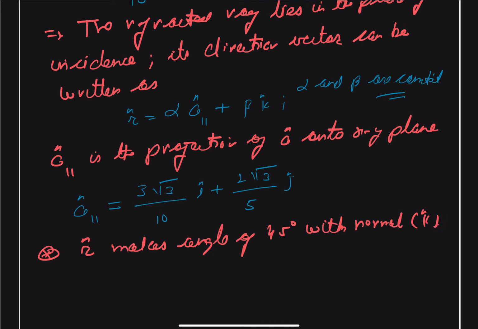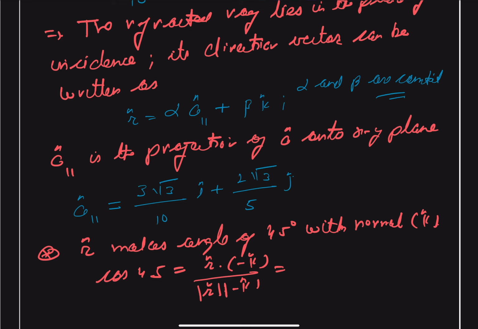So we can write cos of 45 will be equal to R unit vector dot minus k unit vector divided by R unit vector magnitude multiplied by minus k unit vector magnitude.